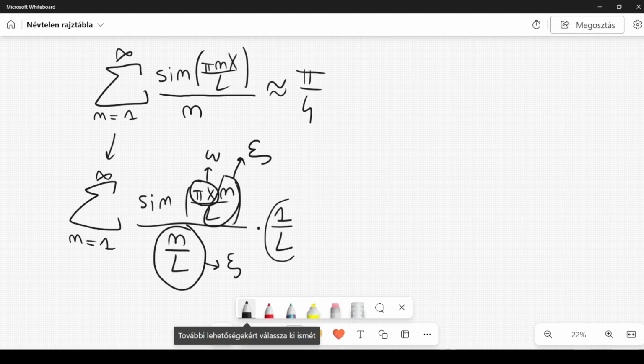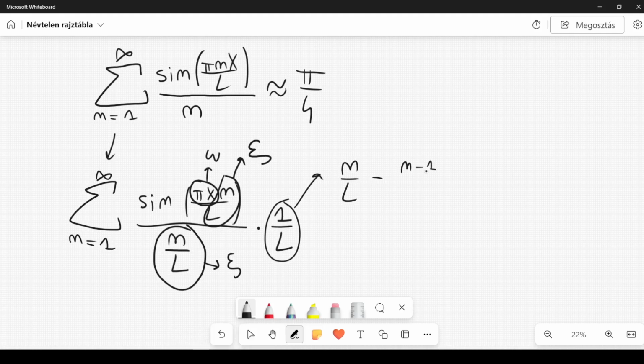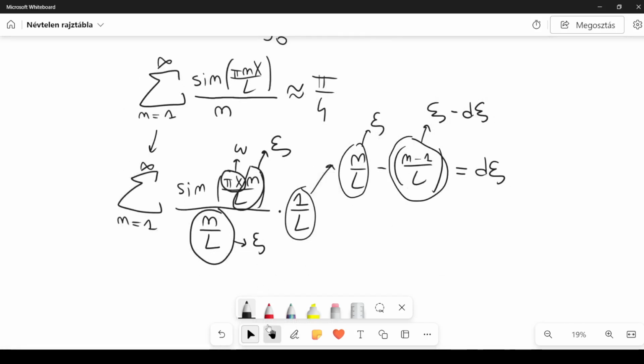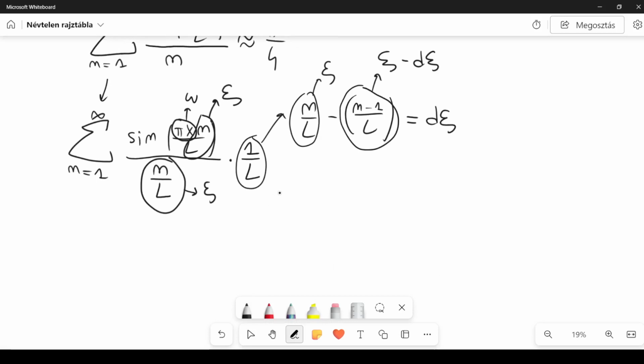Well, we can think of 1 over L as, for example, n over L minus n minus 1 over L. So this is just a small difference between xi, and if you want, you can think of this as xi minus a small increment, a small variation of xi, so xi minus the xi. Therefore, this difference will give you the xi. So it's as if we are really performing an integration. So this can be written as approximately.